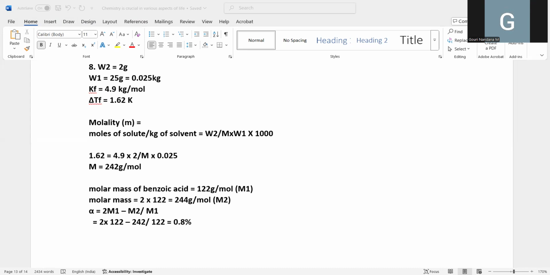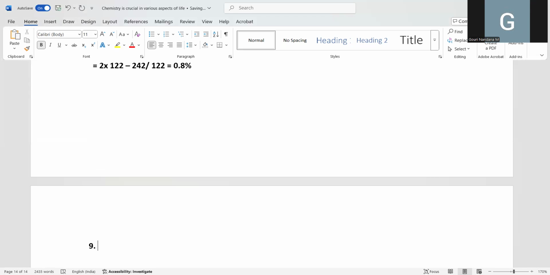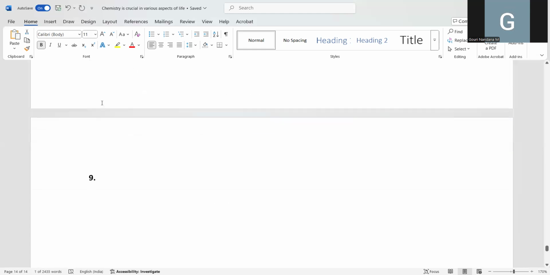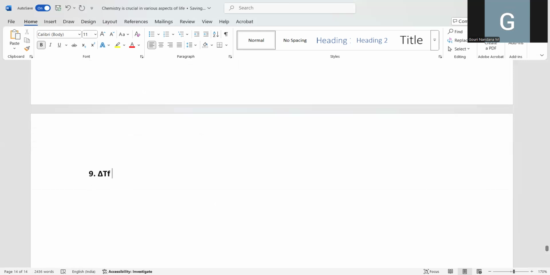So the formula is delta TF is equal to KF into M into I. Here delta TF is given in the question, which is 0.0265 K. Now KF is also given, 1.86 K kilogram per mole.